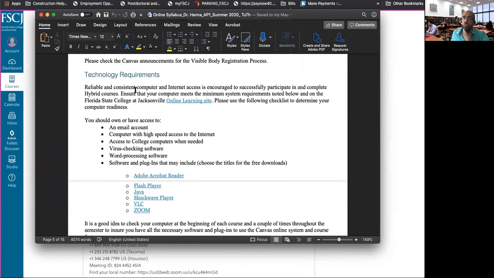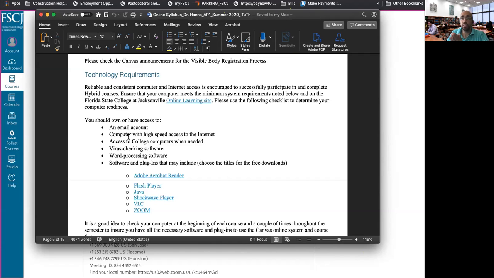All right, so please make sure you satisfy all the technology requirements, that you have access to a computer with a full operating system, either Windows or Mac OS, either Mac or PC. You won't be able to access everything in this course through an iPad or a Google Chrome.